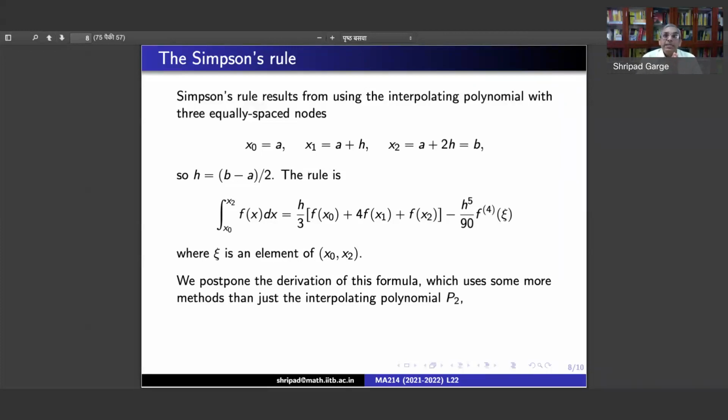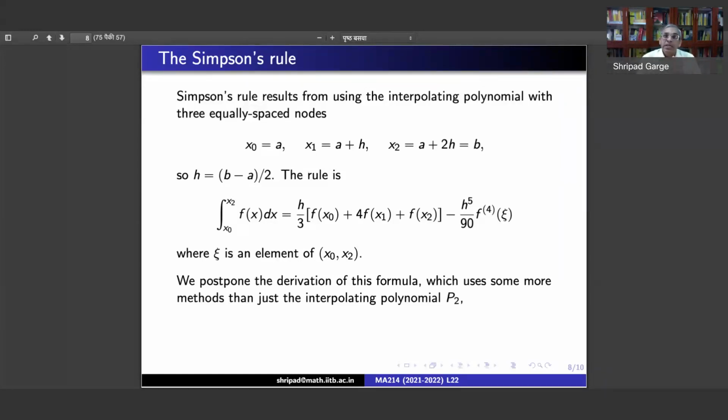What we do is that we look at the Taylor's formula for your function at the midpoint, which is x1. So we apply the Taylor's formula up to the third derivative, and then integrate that Taylor formula.